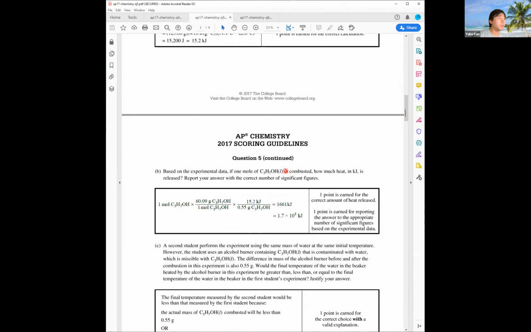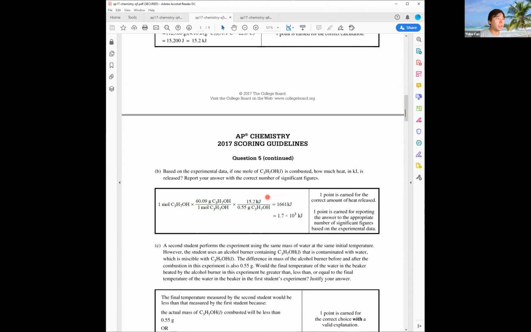There are several ways to do that. If we have 1 mole, then we have that kind of mass. This is its molar mass. You should do the mass divided by molar mass, and you get the number of moles.